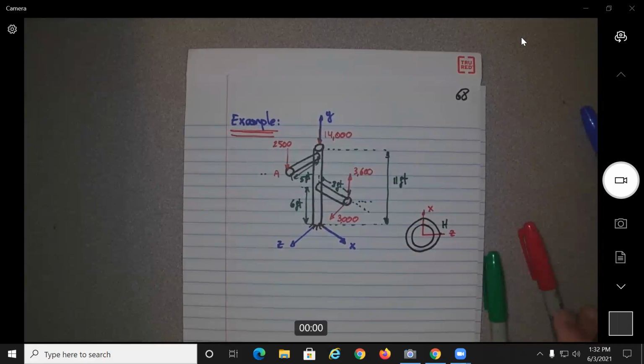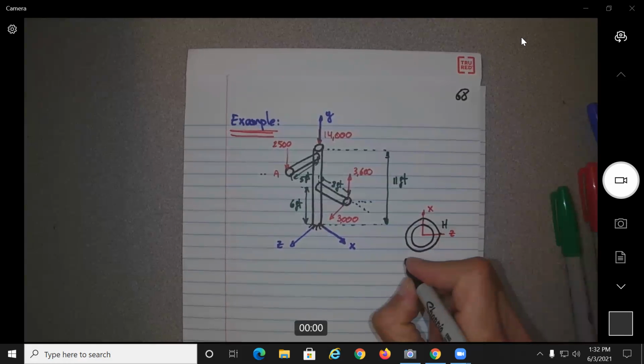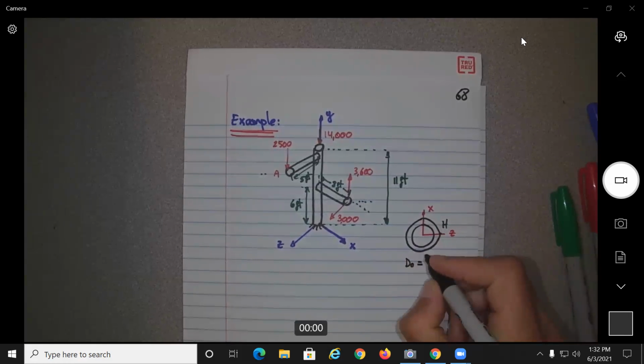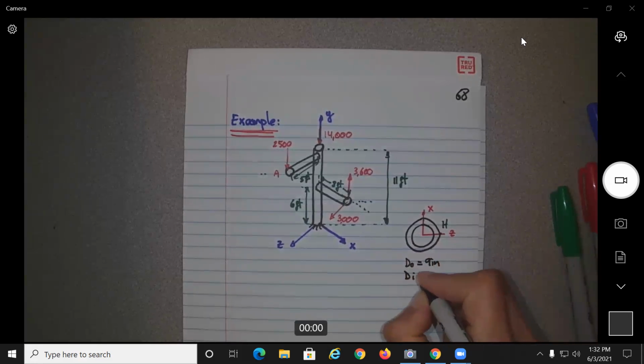And we know that the outside diameter is 9 inches, and the inside diameter is 8 inches.